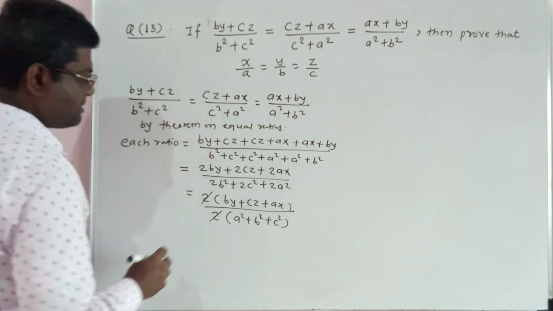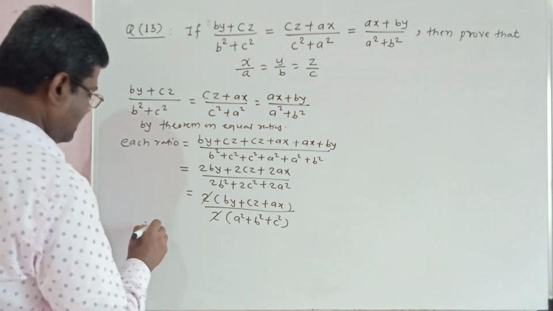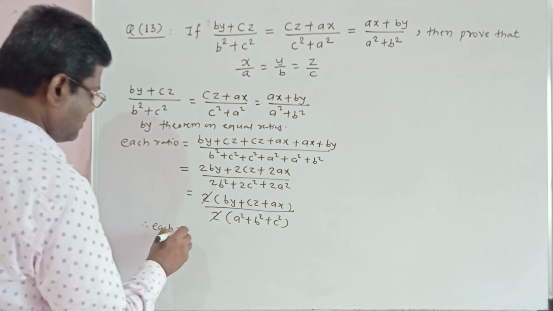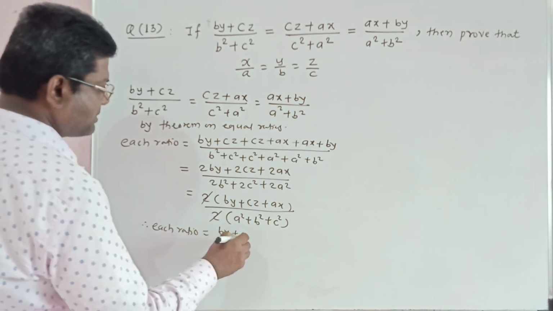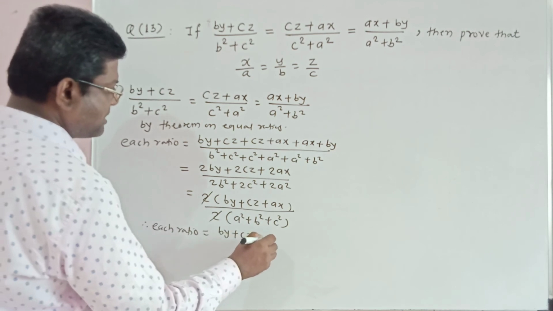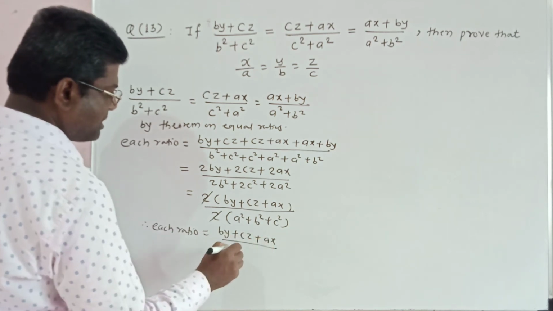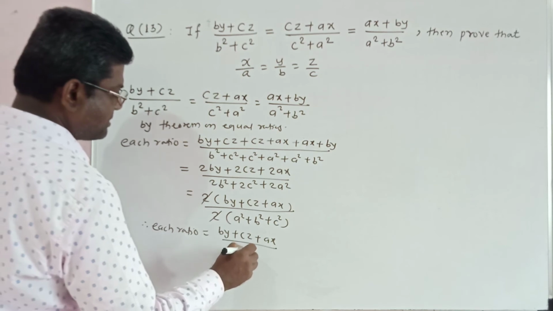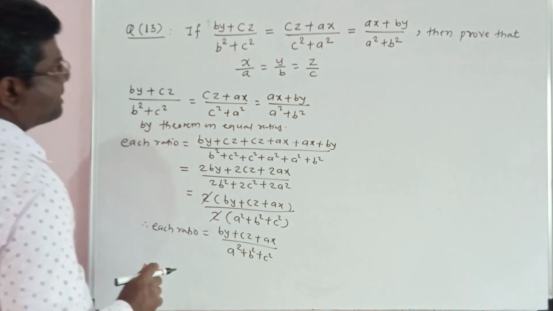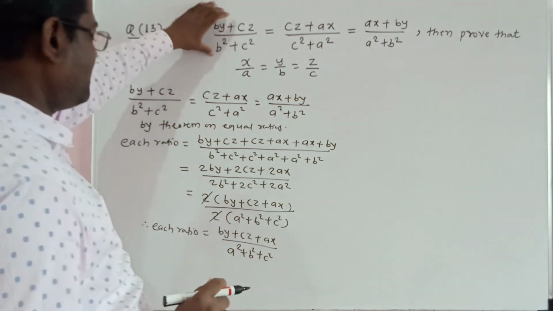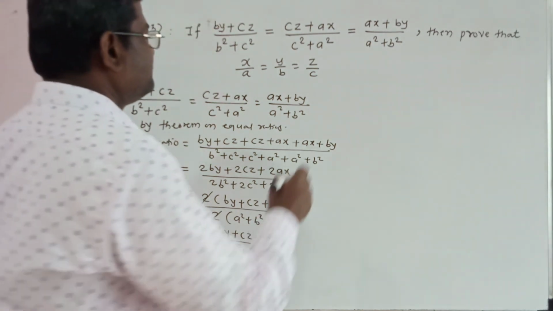The 2 gets cancelled. Therefore each ratio is equal to (by plus cz plus ax) upon (a square plus b square plus c square). This each ratio is equal to this ratio.